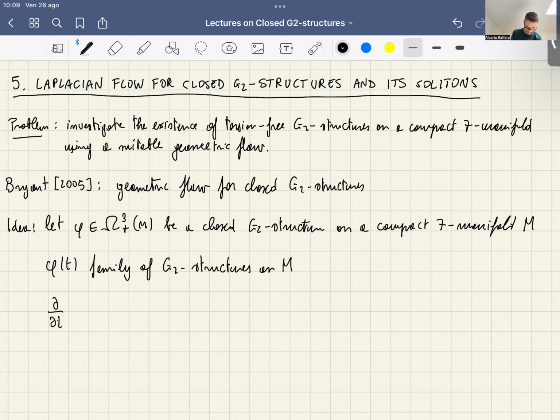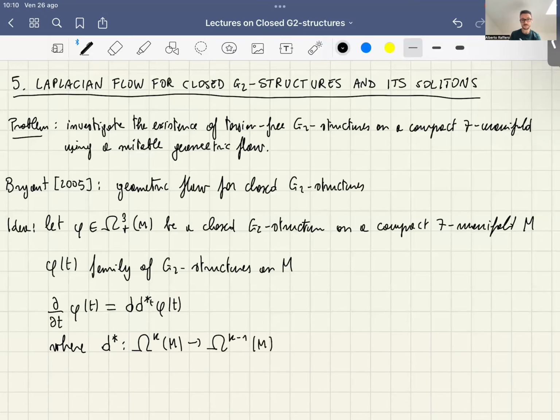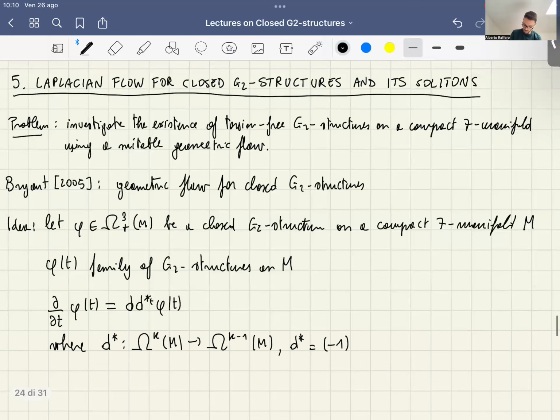So the time derivative of this 3-form phi_t, for the moment we put it equal to the differential of the codifferential of phi_t, where recall that the codifferential in general is a map going from k-forms on the manifold to (k-1)-forms, and it is defined by means of the Hodge dual as (-1) to the following power.